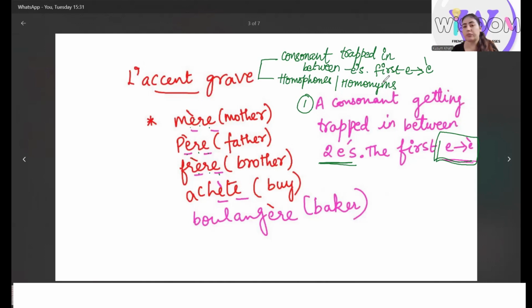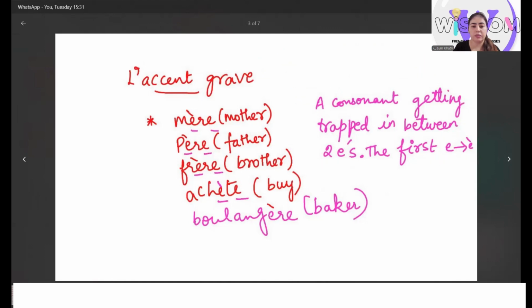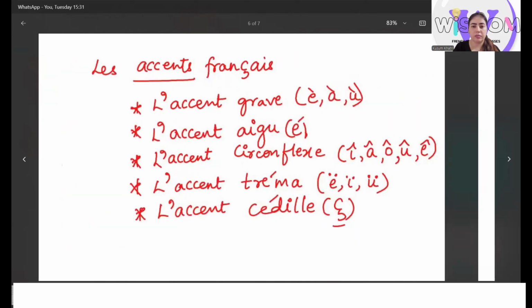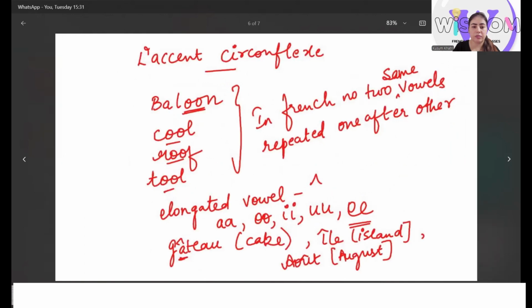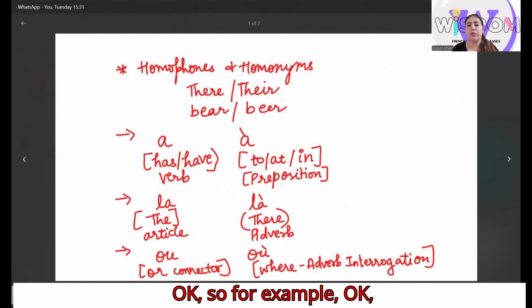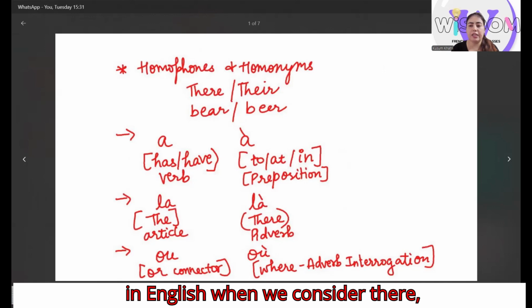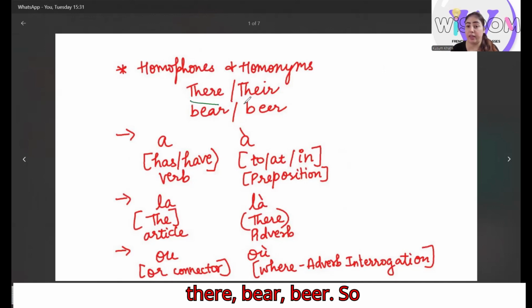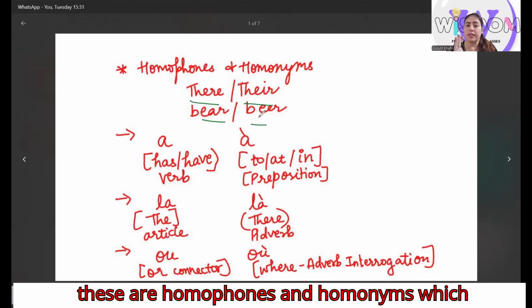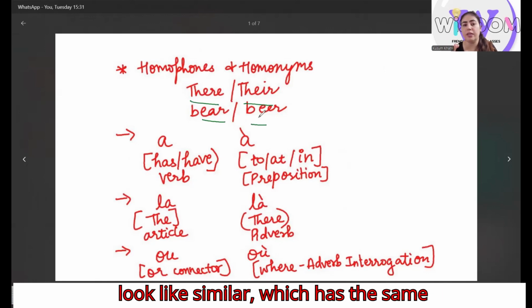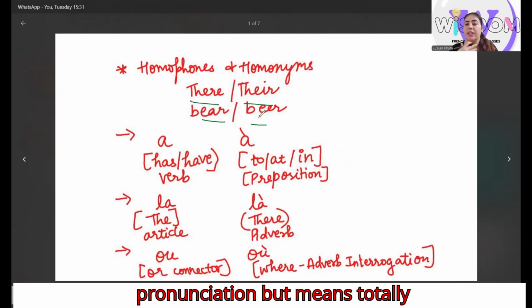For example, in English, consider there, bear, beer. These are homophones and homonyms which look similar and have the same pronunciation but mean totally different.